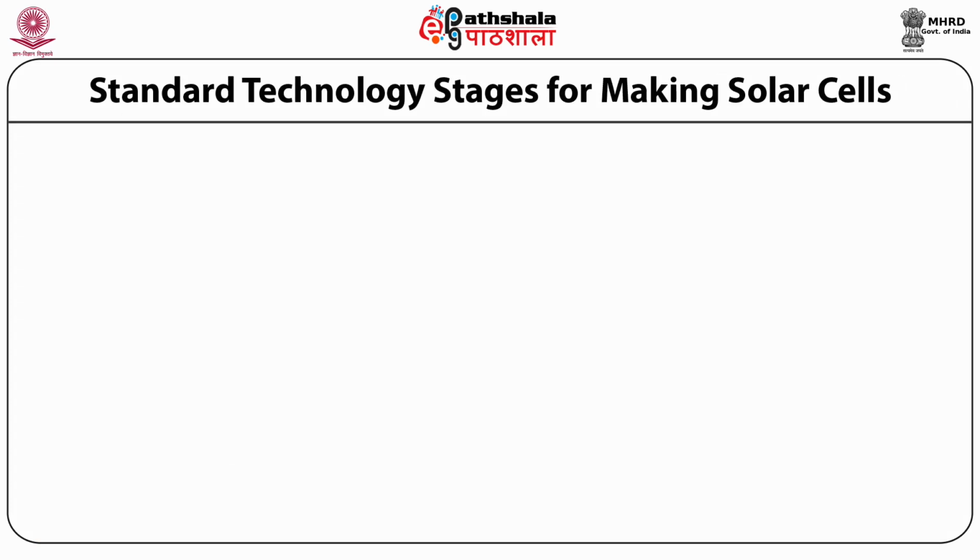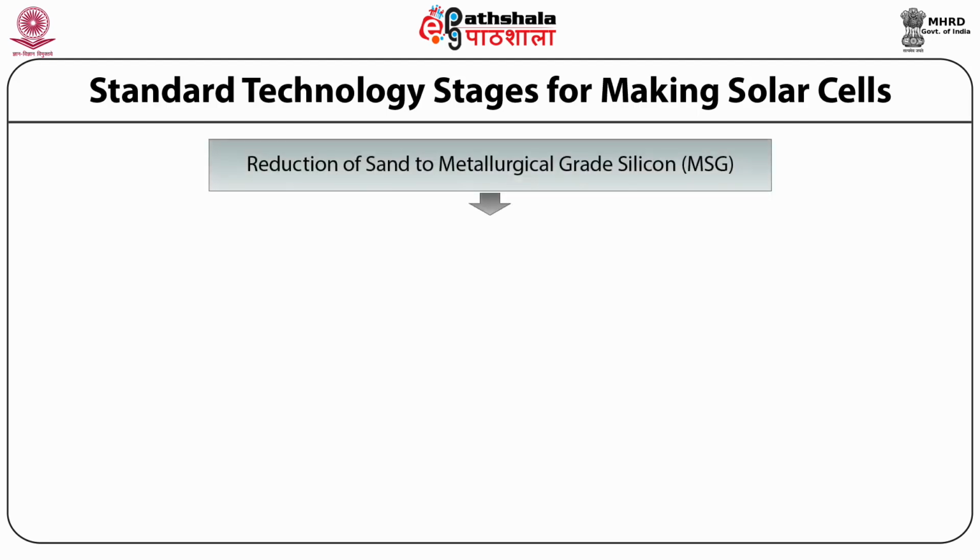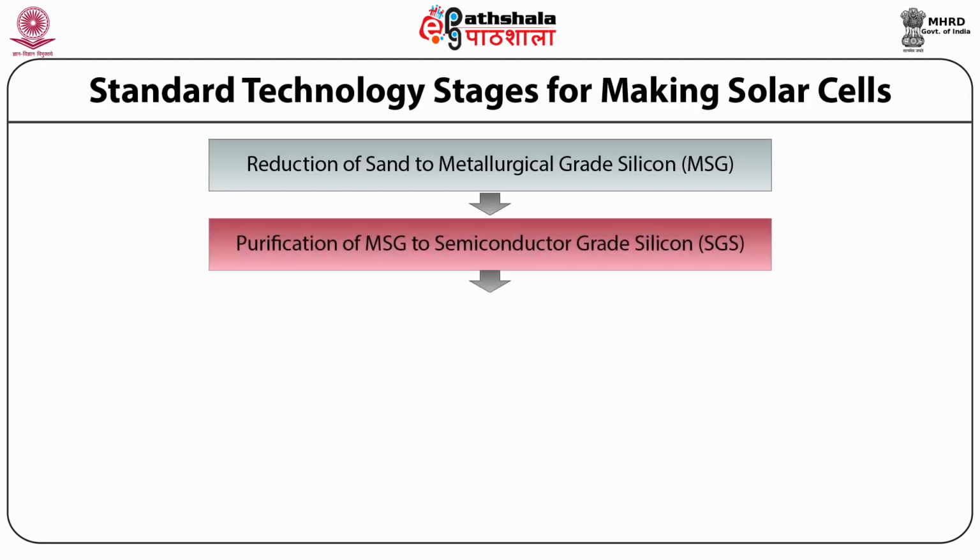So students, let us discuss the standard technology stages for making solar cells. First stage is the reduction of sand to metallurgical grade silicon, that is MGS. Second stage is the purification of MGS to semiconductor grade silicon, that is SGS.